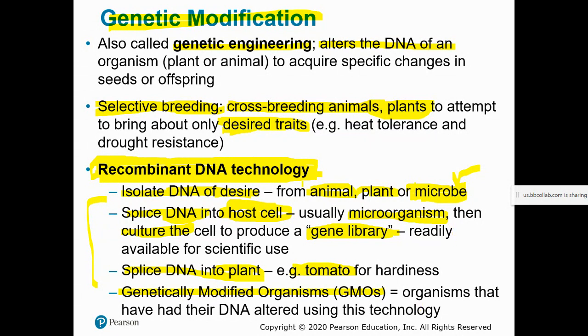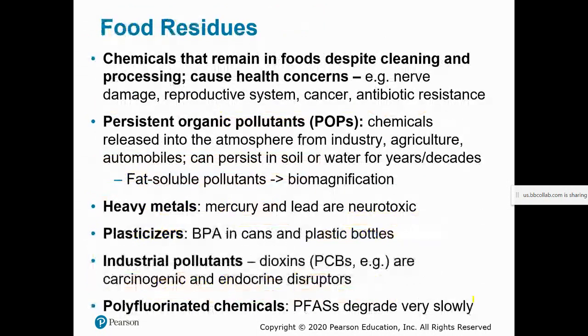So that's one of the most common uses of this recombinant DNA technology. And it is through recombinant DNA technology that we make genetically modified organisms. Again, there's a ton of controversy currently about the healthfulness, both to humans and to the environment long term, for using this type of technology in our food system and in our environments at large.